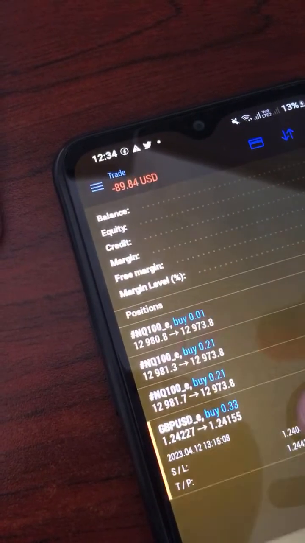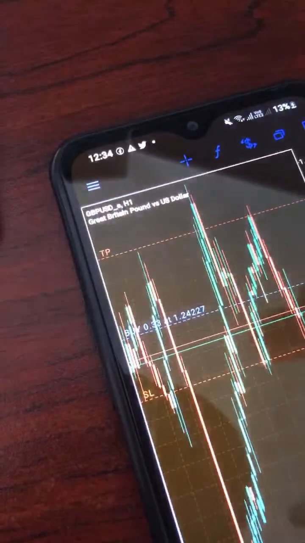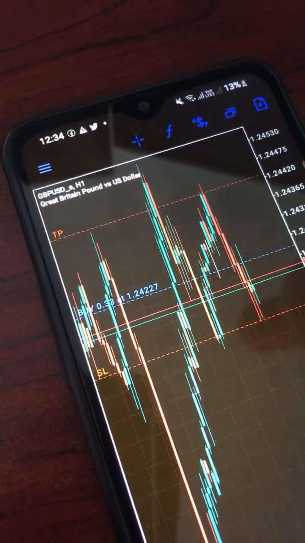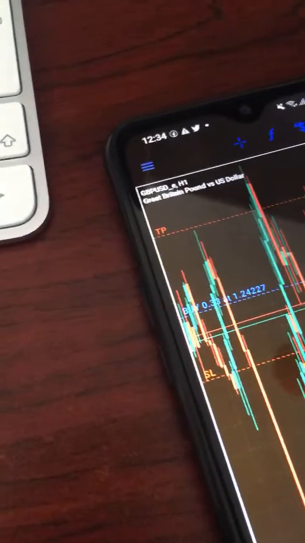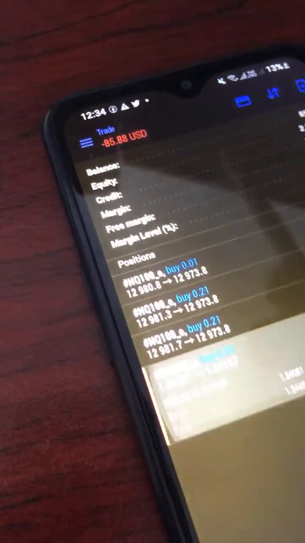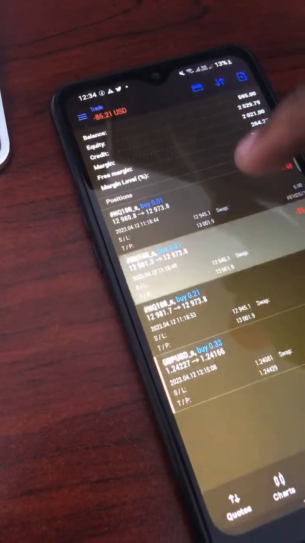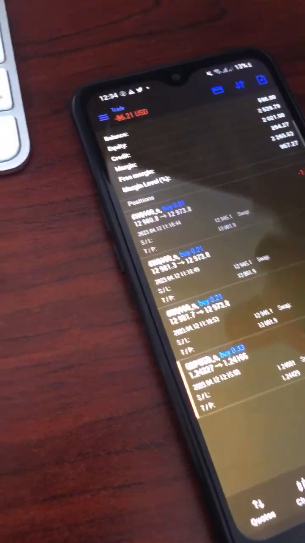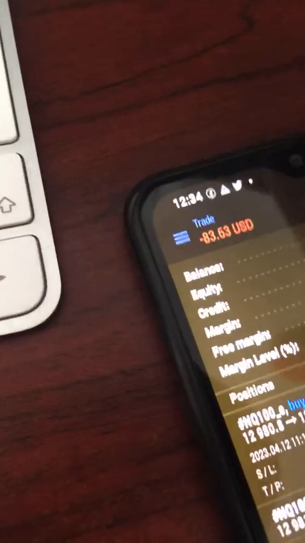Let me check the charts. So this is my GBP that is running right now. So yeah, at the moment I will hold.